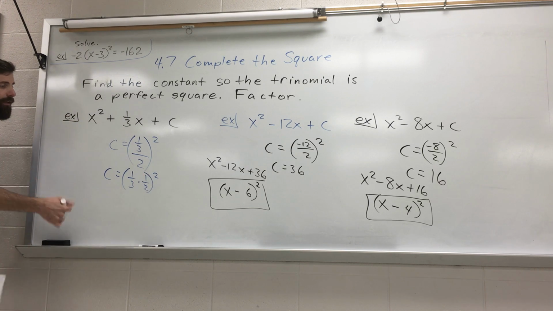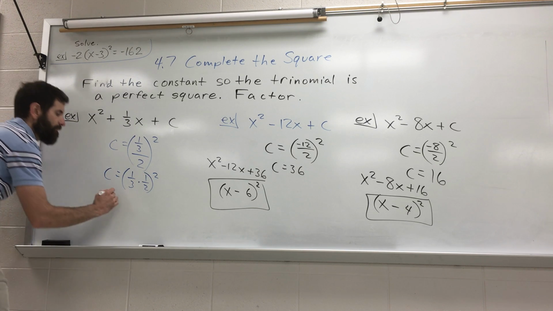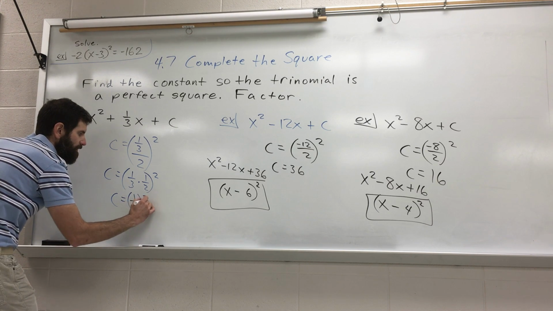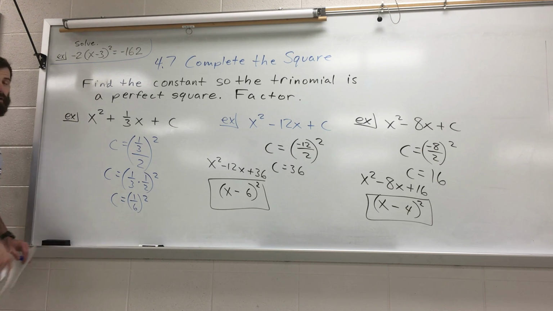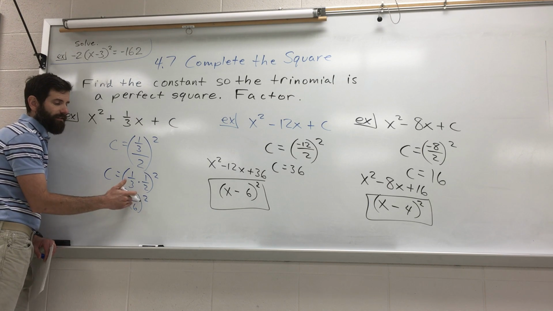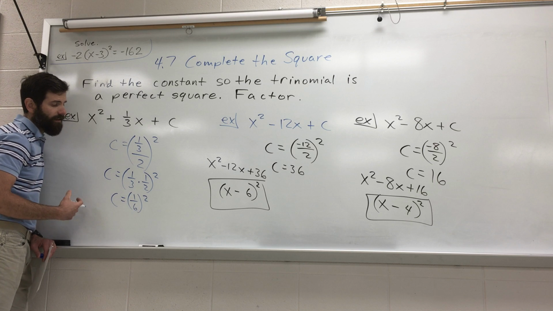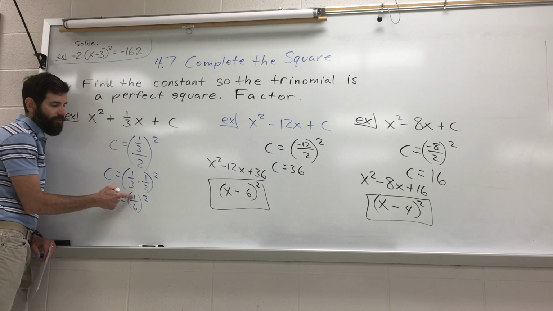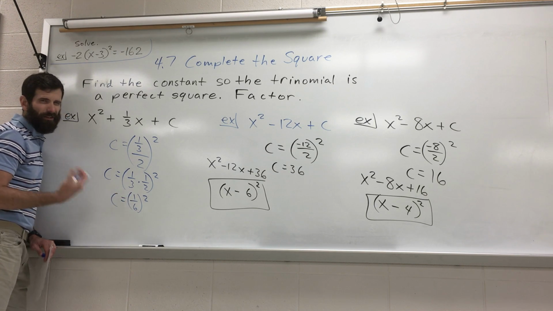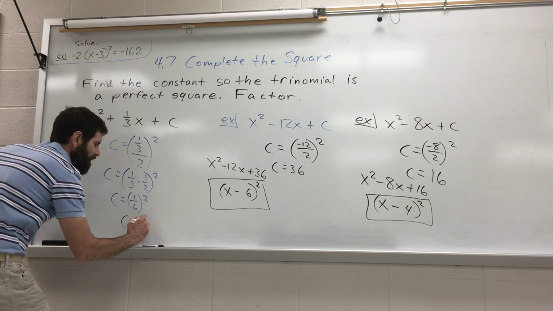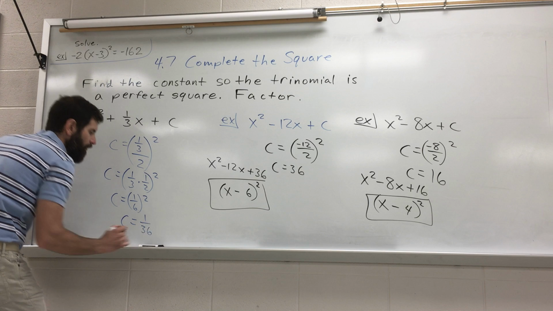So it's 1/3 times 1/2, and we get 1/6 squared. When you square a fraction, it's basically multiplying 1/6 times 1/6. You could also square the numerator and square the denominator, and you get the same answer either way. We end up with a c value of 1/36.